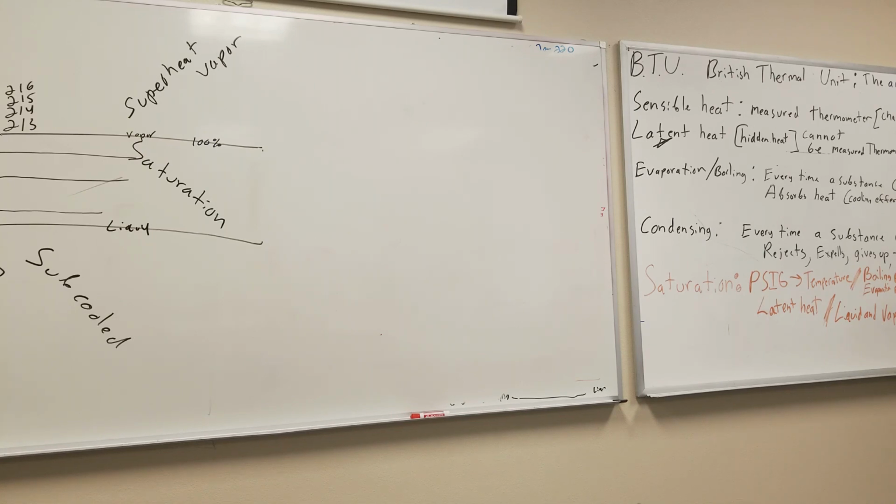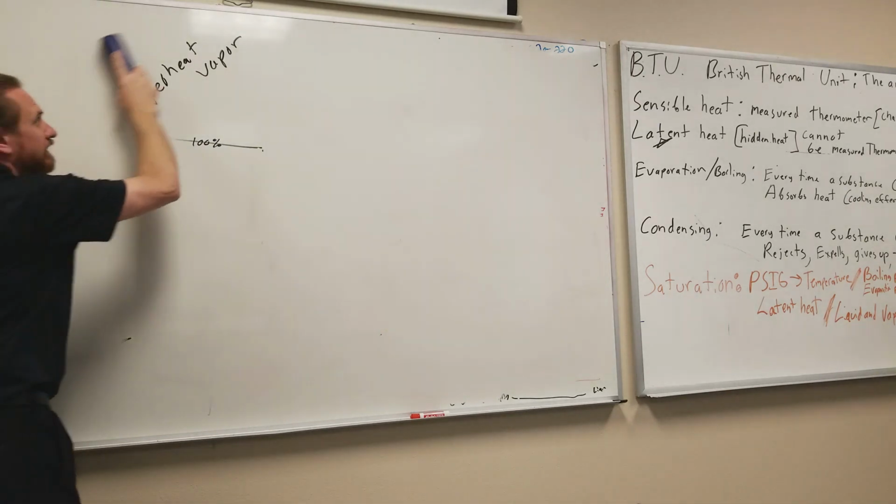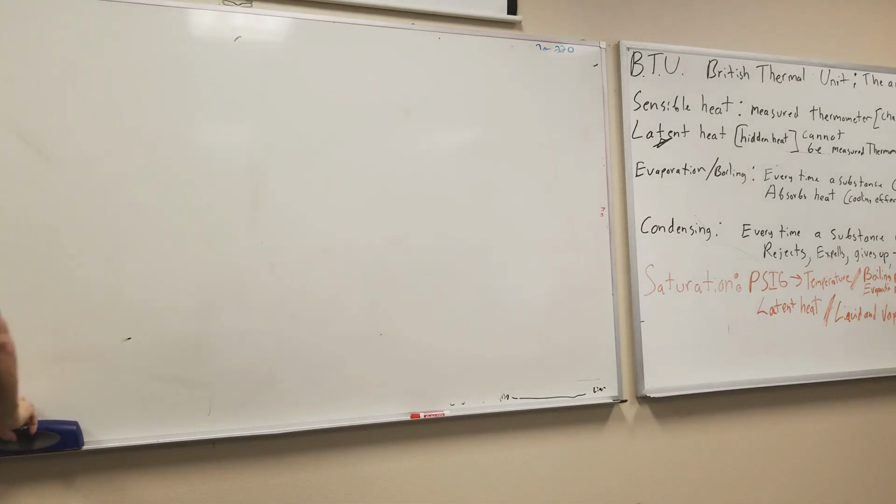Our saturation point is going to change every time we have a change in pressure. Yes. The key is I can manipulate boiling and condensing by manipulating the pressure. Which brings us to this very important point. When the temperature goes up, what else goes up?